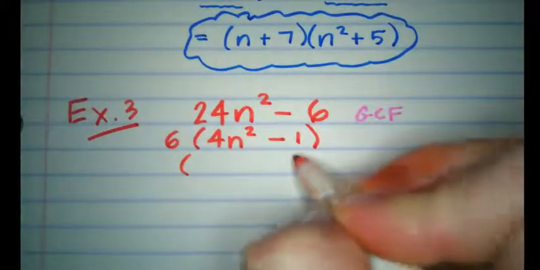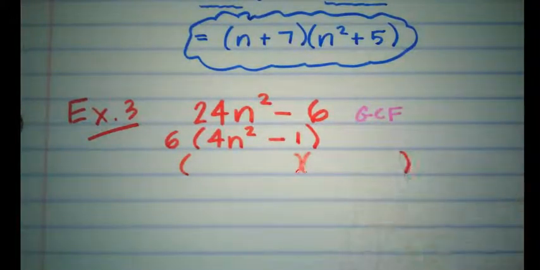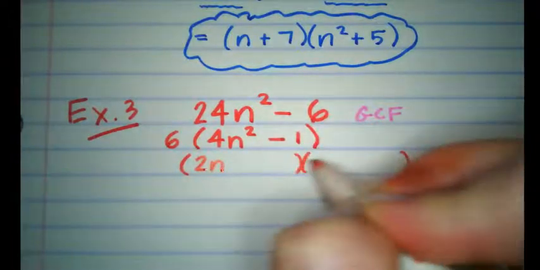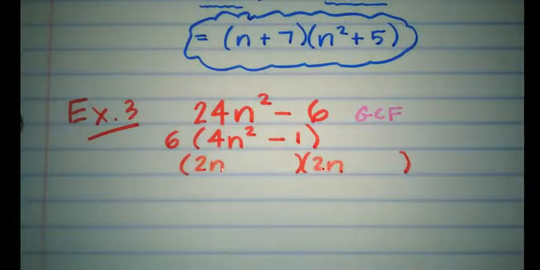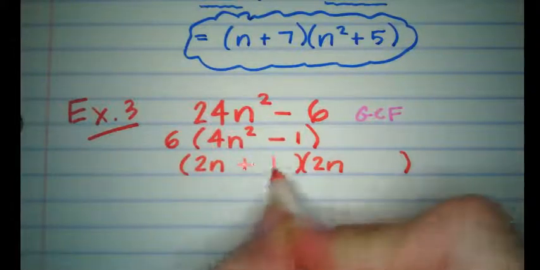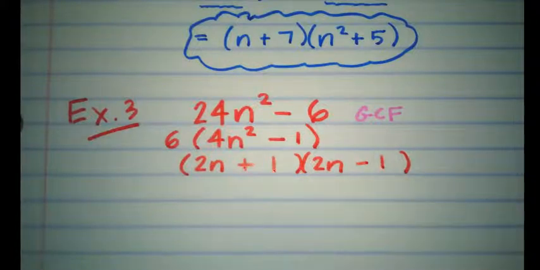So I'm going to split up 4n squared to be a 2n and a 2n. And then, in order to get a negative 1 and also cancel the middle, I need a positive 1 and a negative 1. But don't forget that we took out the 6 from the beginning, so that needs to be part of our answer.